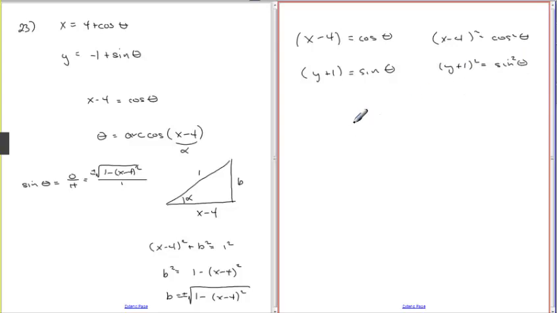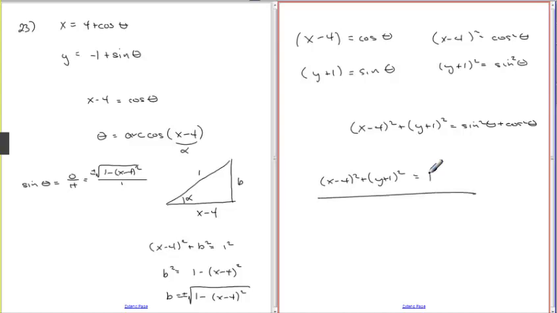You add those two together, you get x minus 4 squared plus y plus 1 squared is equal to sine squared theta plus cosine squared theta, and the trig identity says that's equal to 1, so you get x minus 4 squared plus y plus 1 squared is equal to 1, which is the same result. Okay, so that's what it is, either way you write it.